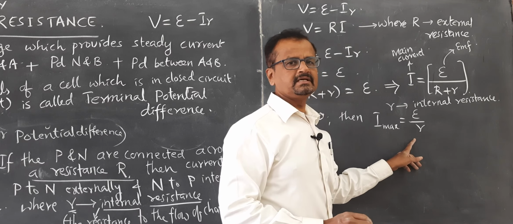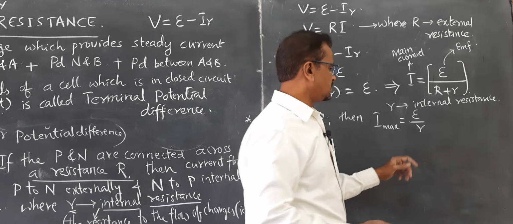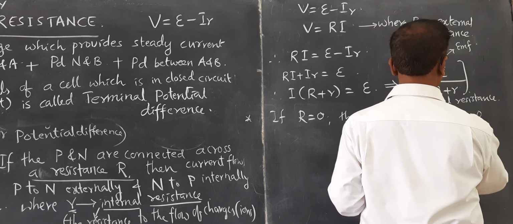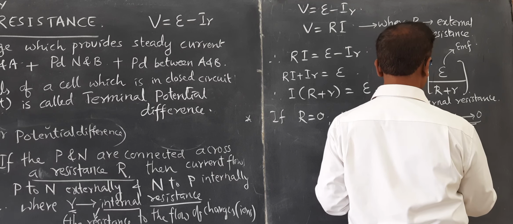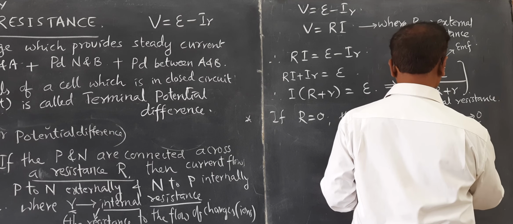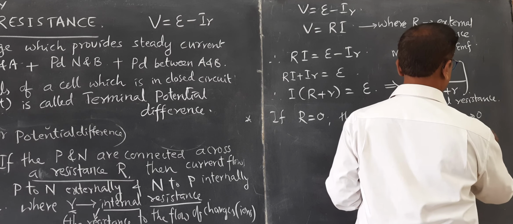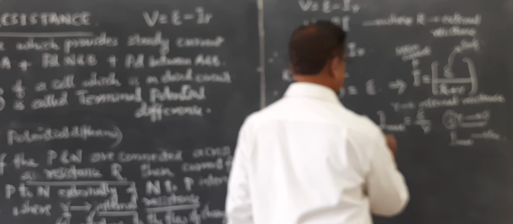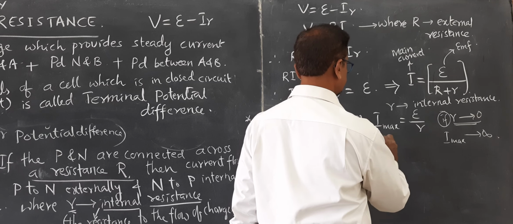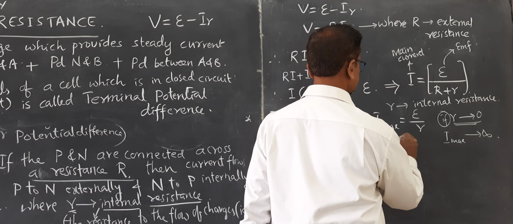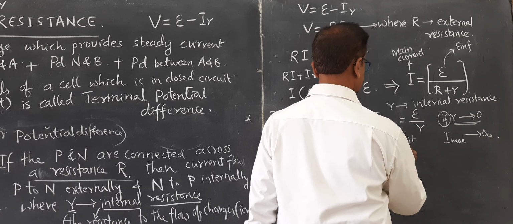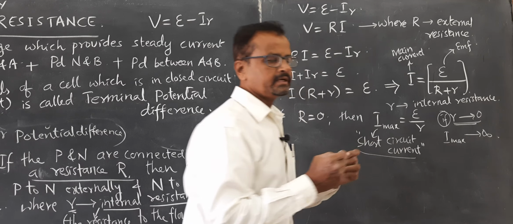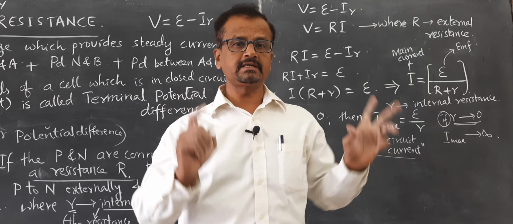In most cases, internal resistance is negligible. If r is almost tending to 0, then I max tends to infinity. So this is what we call short circuit current. So we should not connect the two terminals of the battery directly without any external resistance.